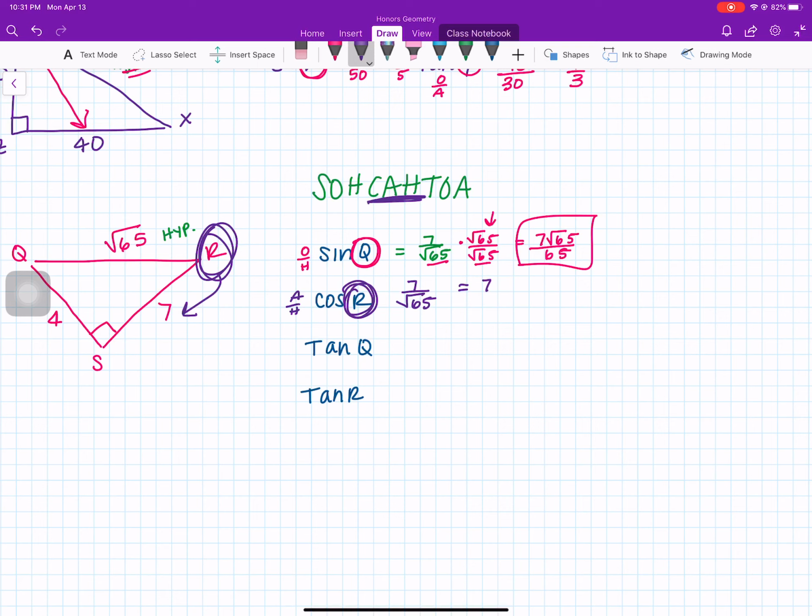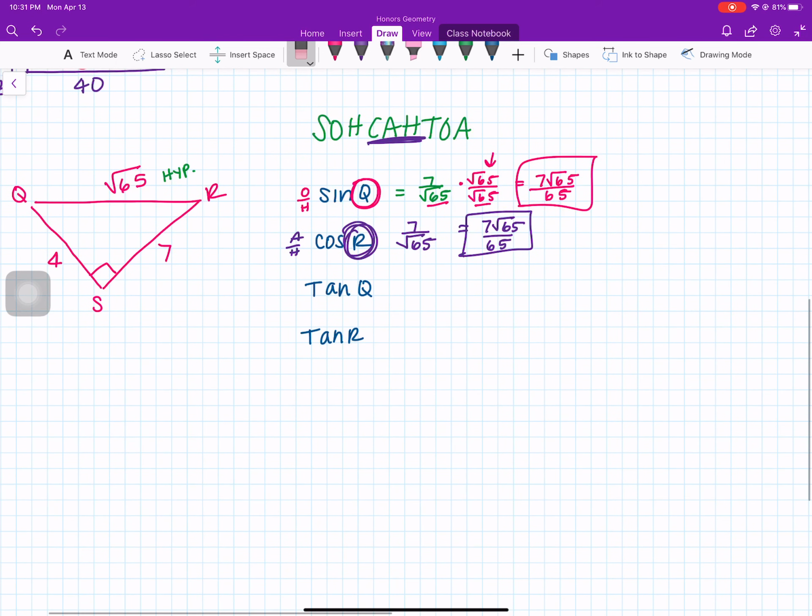Interesting that that's the same as the previous answer, which is very common and totally correct, because you're using the same numbers, you're just looking at it from a different perspective. The sine of Q and the cosine of R are going to be the same because they're in the same triangle.